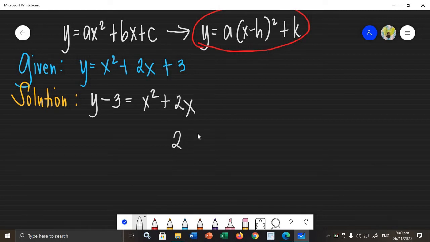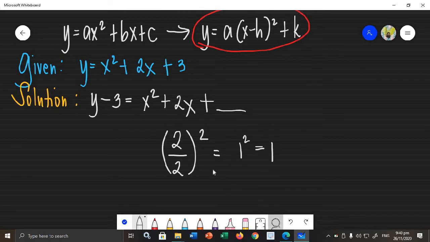So what we will do with the coefficient, to find the term we are looking for so that it becomes a trinomial, is divide the coefficient of the linear term by 2. And after we divide that, we need to square it. So, 2 divided by 2 is 1. Squared, that is 1.